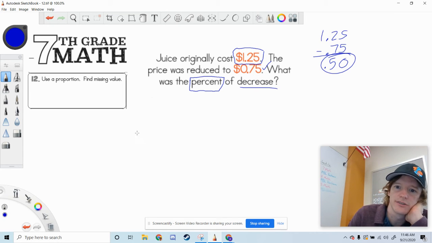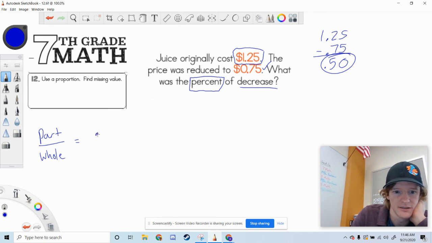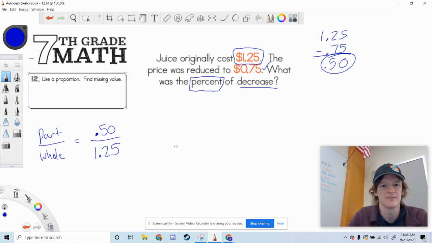So we're going to write this out as a part over a whole. The part that decreased was 50 cents out of $1.25. Now, I don't like decimals in my fractions, so I'm going to get rid of those by multiplying both of these by 100.